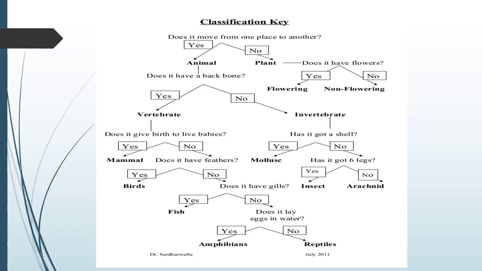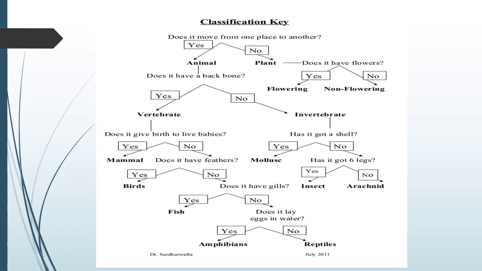By keeping in mind their characteristics, you can easily identify the organism. For example, you have 5 organisms and you don't know which class it belongs to, what the name of this organism is, and other things. So by remembering the general characteristics of the classes and organisms, you can identify them.